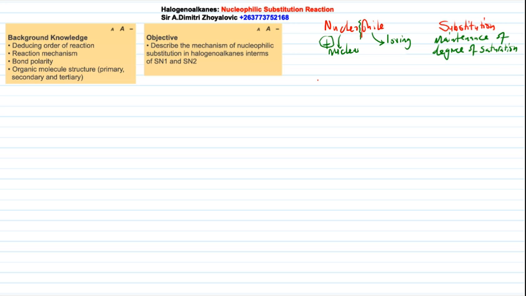For a species to be attracted by a positively charged center, a nucleophile should be electron rich. So by definition, a nucleophile is an electron rich species seeking an electron deficient center.